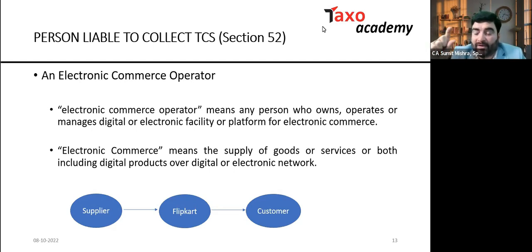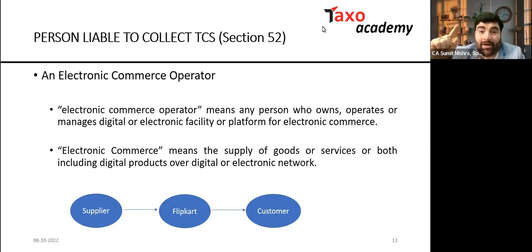The e-commerce operator is playing a vital role in that transaction. So whenever I am selling anything from the electronic commerce portal, that will be subject to levy of TCS. Exceptions are there. What are the exceptions?